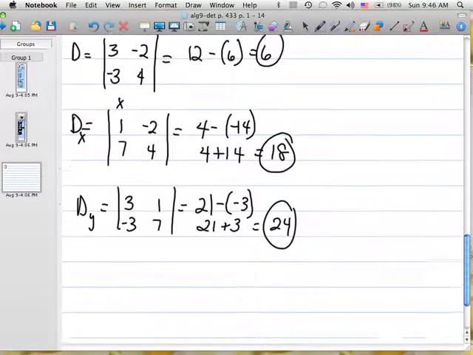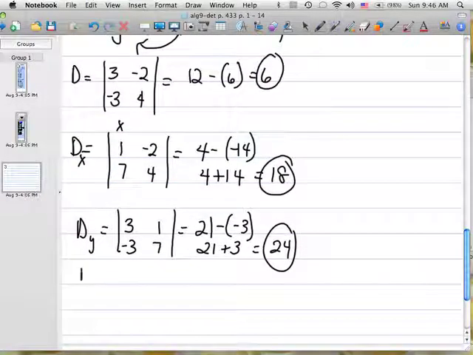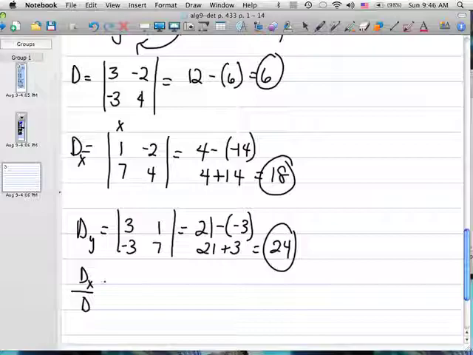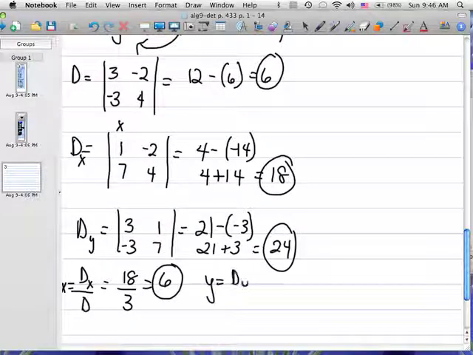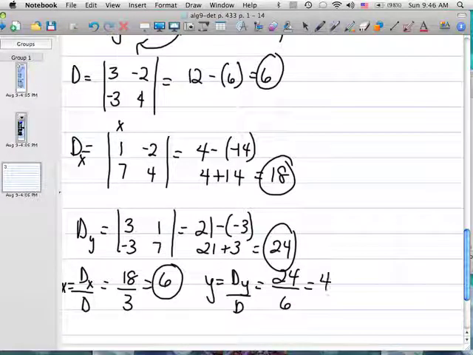Okay, to find x, we take d of x over d, which is 18 divided by 3, which is 6. And y equals d of y over d, which is 24 over 6, so y equals 4.